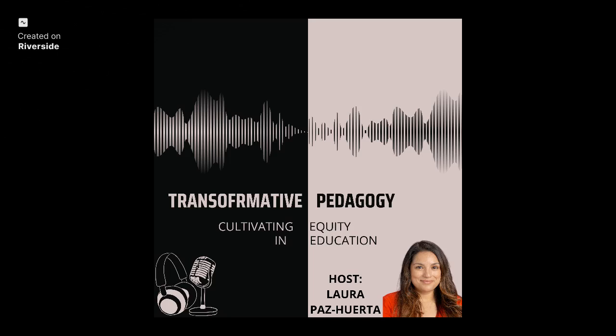Finally, as I come to conclude today's episode, it's important to see that inclusive education for English language learners is not just about teaching English to students of a different country, right? Different cultural background.